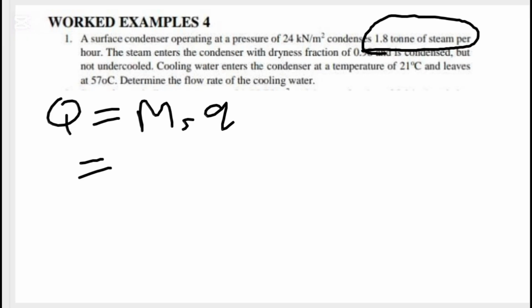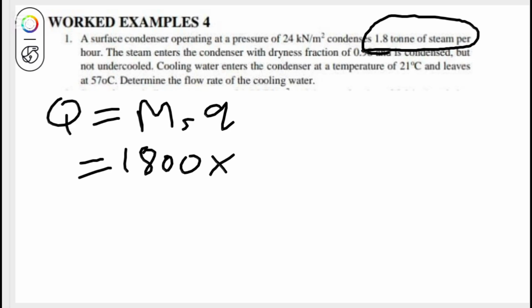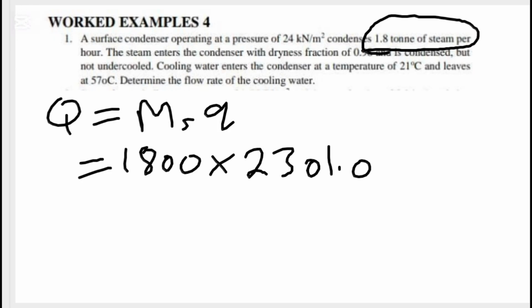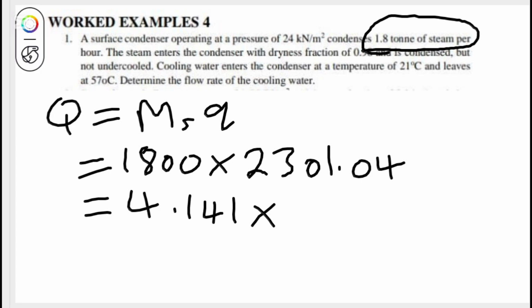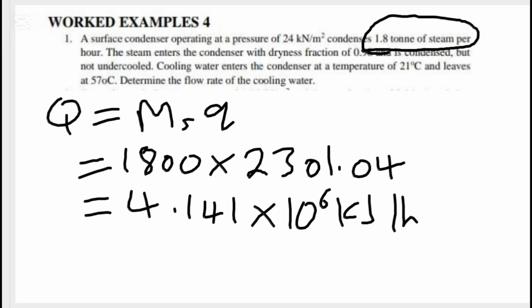If I convert it, I will convert the ton to kg, so it will become 1800 kg per hour, multiplied by the value of Q that I found, which is 2301.04. So at the end, my Q will be equal to 4.141 times 10 to the power of 6 kilojoule per hour.